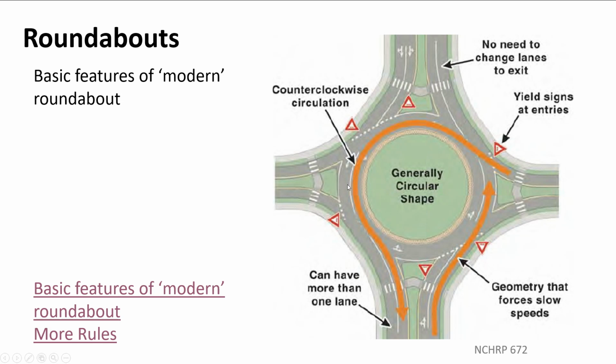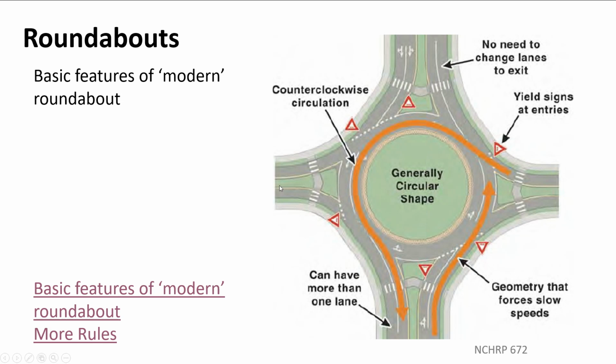People say it's a 150-foot inscribed circle, and everyone knows what that means. If you say it's a 90-foot, that's really tight, a very slow roundabout. 150 to 180 is more of a standard range for a rural roundabout. That's the biggest measurement we use to describe roundabouts.